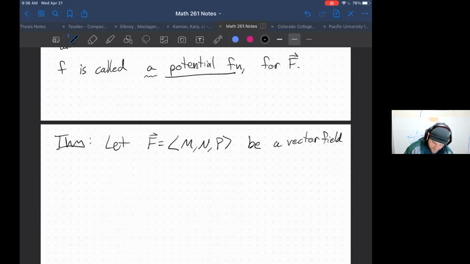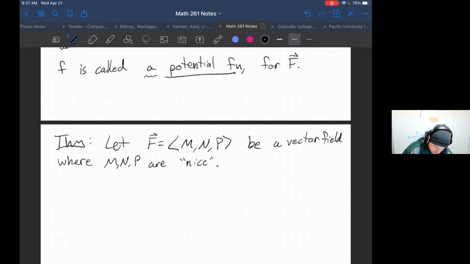So we're going to let F be a vector field where M, N, and P are nice, in quotations. This means continuous, differentiable, all the things that we normally assume for functions in Calc 3. So they're continuous throughout an open connected region D.